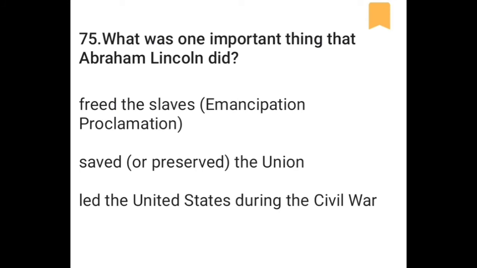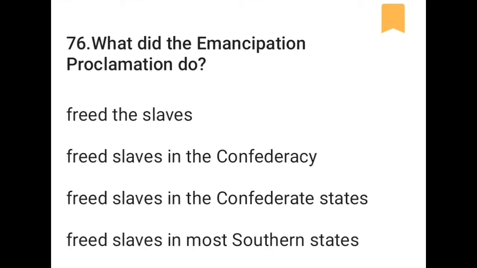What was one important thing that Abraham Lincoln did? Freed the slaves. Emancipation Proclamation. Saved or preserved the Union. Led the United States during the Civil War. What did the Emancipation Proclamation do? Freed the slaves.